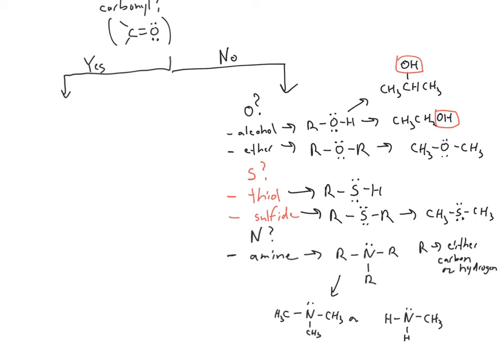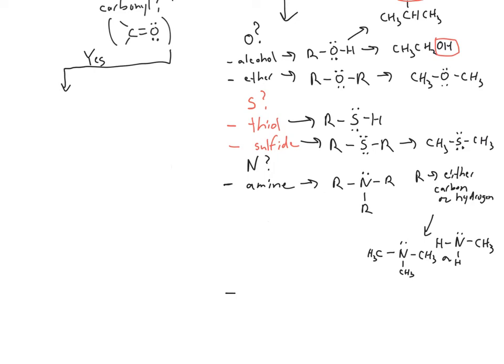And the last group, what if you have a halogen? So chlorine, bromine, iodine, fluorine, anything that's in group 7 of the periodic table.